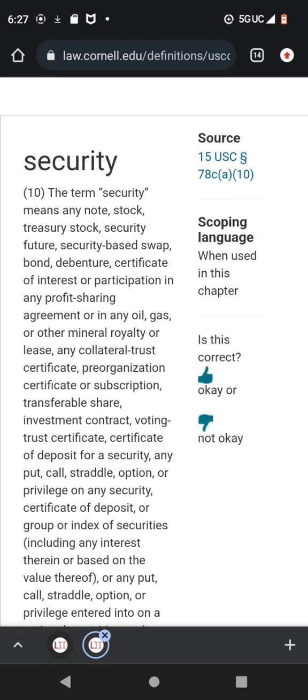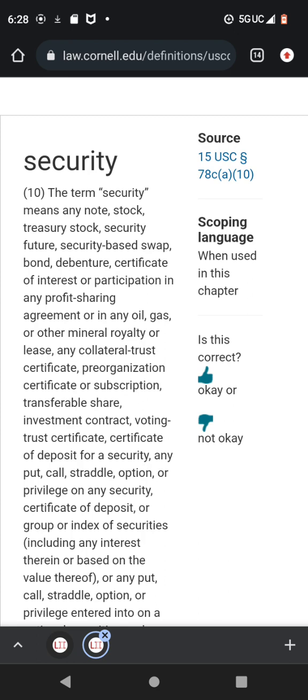Okay, so we're dealing with securities. This is what a security is. Now, what really struck me was: the term security means any note, stock, treasury stock, security future, security-based swap, bond, debenture, certificate of interest, or participation in any profit-sharing agreement, or any oil, gas, or other mineral royalty or lease.